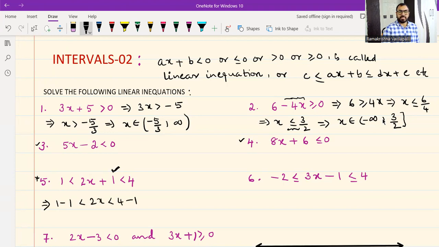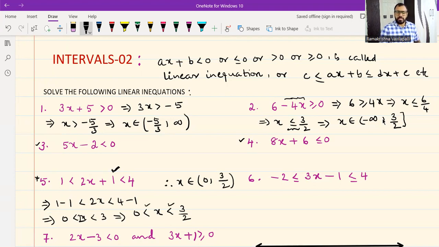So this implies 0 less than 2x less than 3. Now divide by 2. So you will get 0 less than x less than 3 by 2. Therefore, the answer is x belongs to 0 to 3 by 2, an open interval, because both ends are strict inequations, less than.